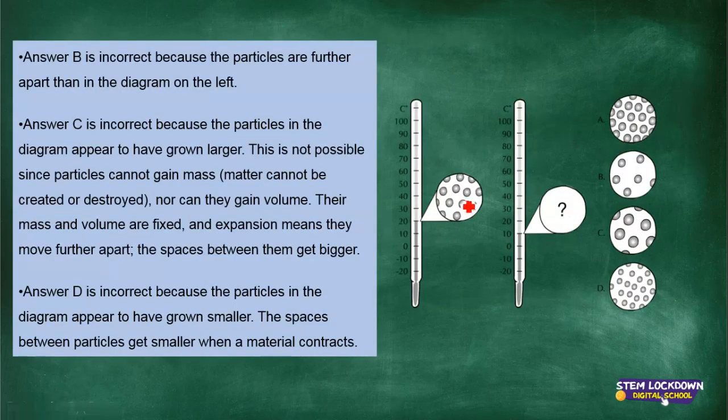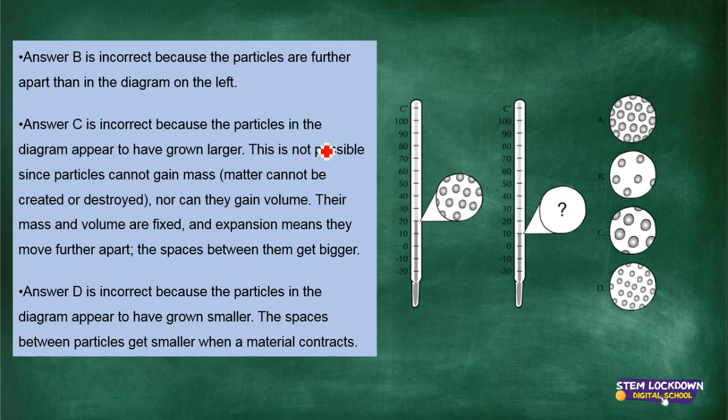So I've got it here again. Now I'm going to explain why B, C, and D were not correct. B was incorrect because the particles were further apart. Then this diagram here on the left, C, is also incorrect because the particles in the diagram are much further apart, and that's not possible, since the particles cannot gain mass, and mass cannot be created or destroyed.